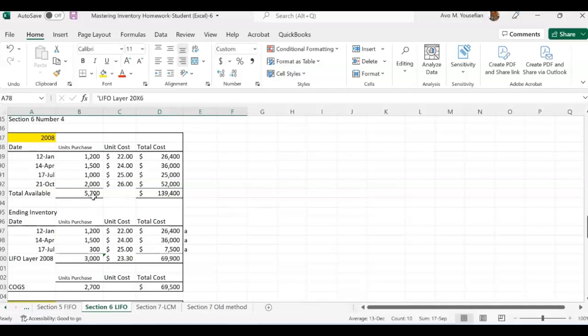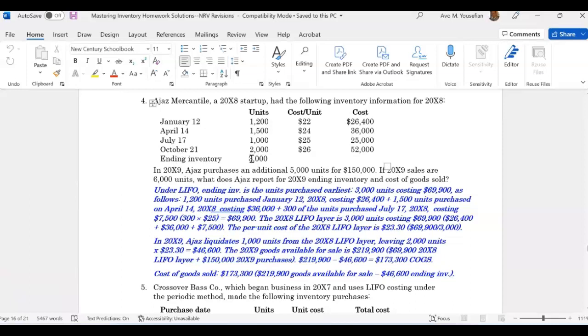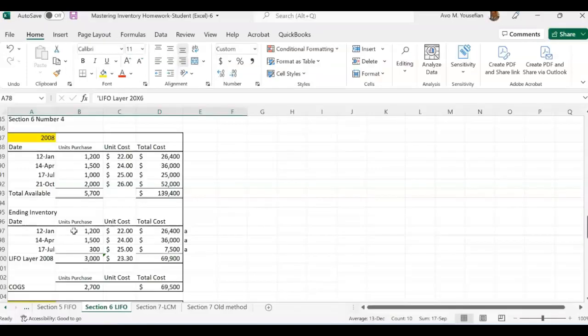Available is 5,700 units at a total cost of 139,400. And ending inventory in 2018 was 3,000 units, right? So let's go back. We say, okay, the ending inventory is 3,000 units.